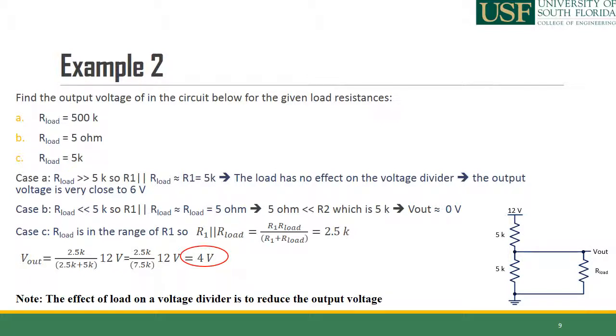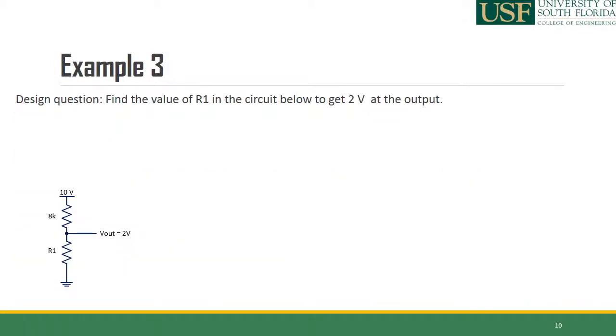In the absence of our load, we had 6 volt. By connecting our load, we always bring the voltage to a lower value. If our load is very large, that change would be insignificant and we still get 6 volt. But if our load is comparable to R1, the output voltage would certainly be lower than the 6 volt we used to get before connecting the load.